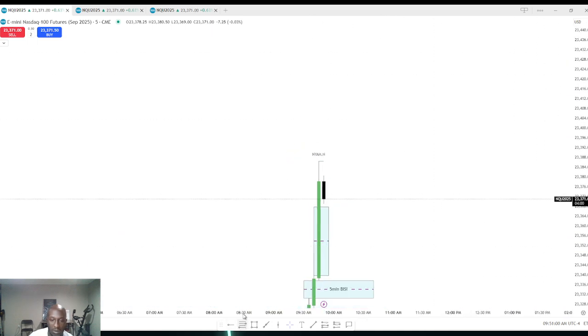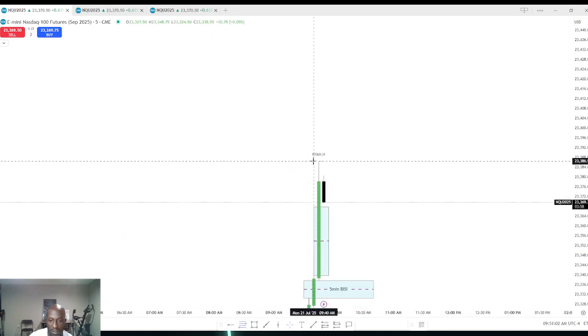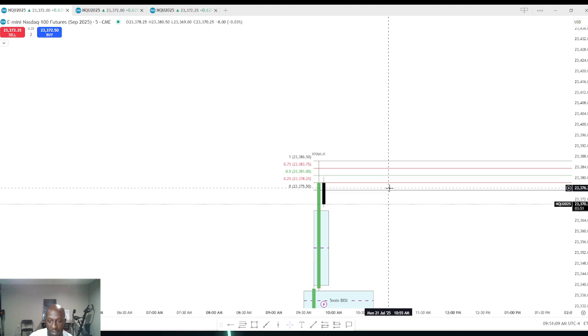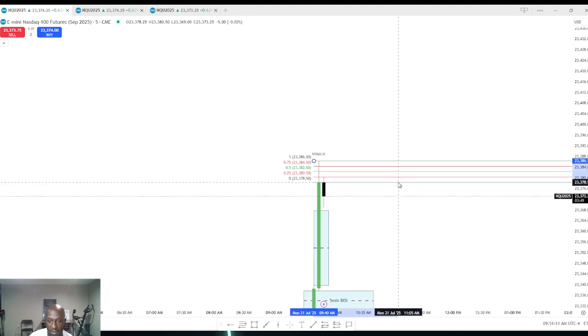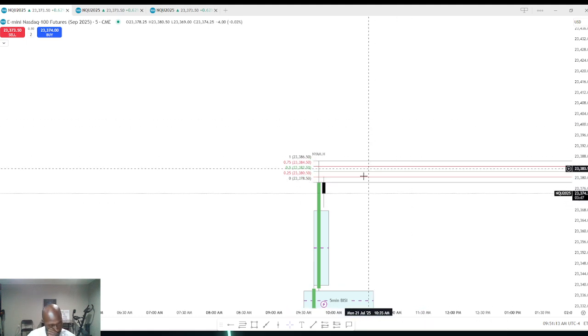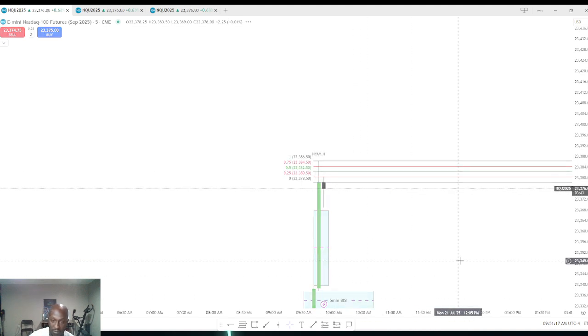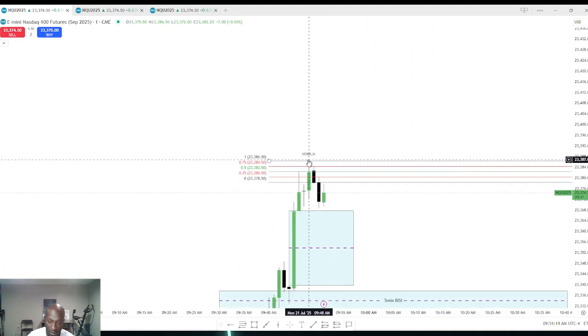We'll measure this highest wick right here. Quarters. And if that is the high, we would like to see nothing close back up above consequent encroachment of that. And got a high.